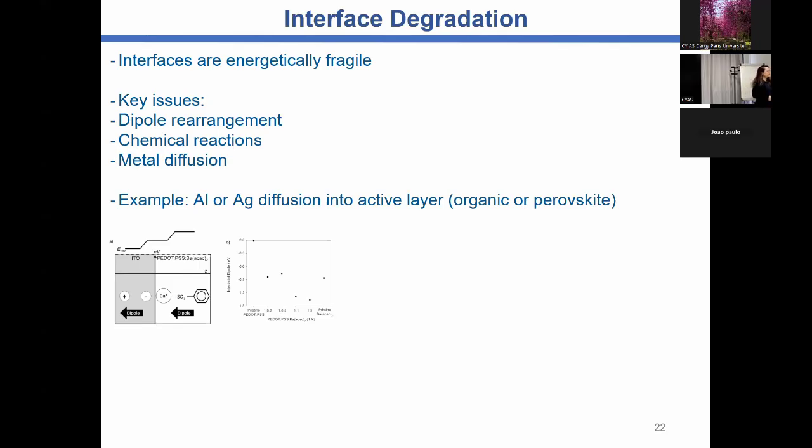So for instance, here, the PEDOT:PSS doped, because of the dipole formation, the ions will migrate from the bulk to the interface. So there is some accumulation of the ions here that can impact the performance of the device.